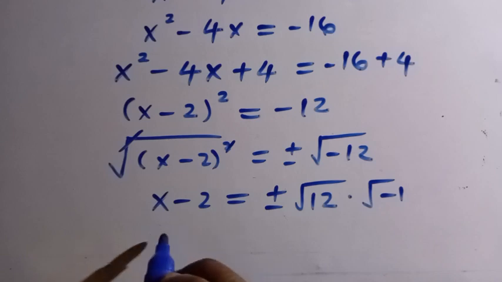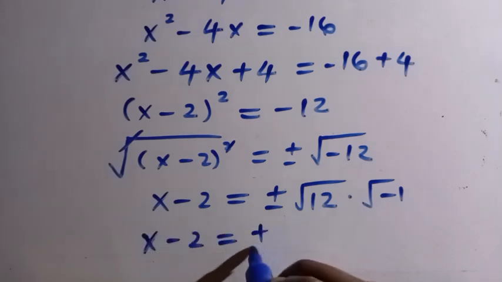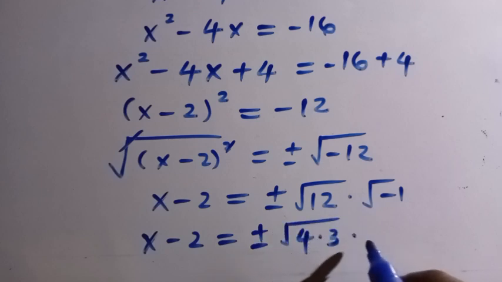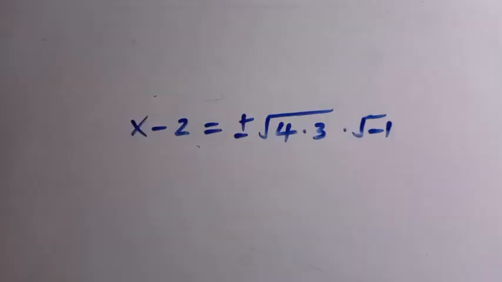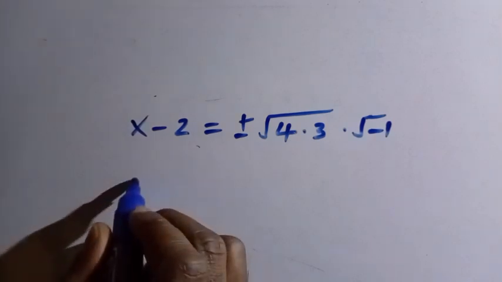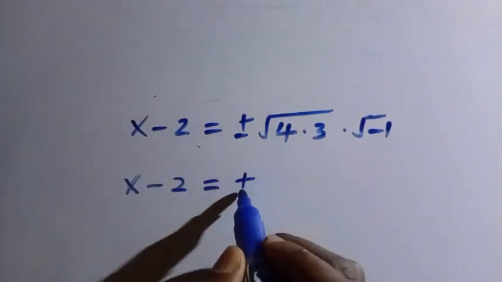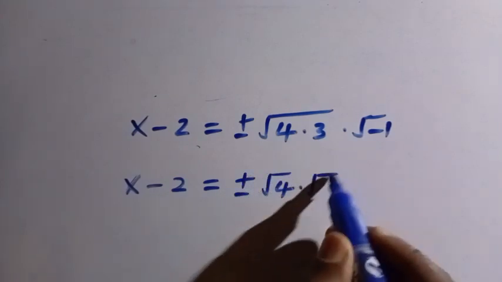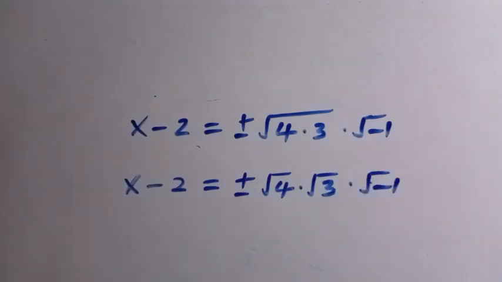So this 12, we can write it as 4 times 3, multiplied by square root of minus 1. And in the next step, we have x minus 2 equals plus or minus square root of 4 multiplied by square root of 3 multiplied by square root of minus 1.